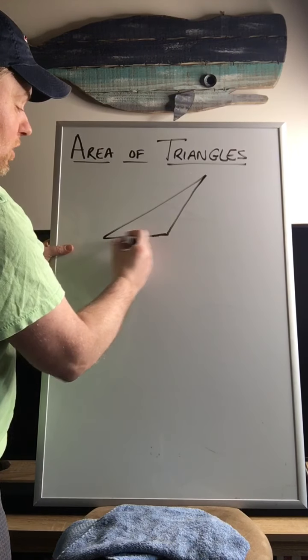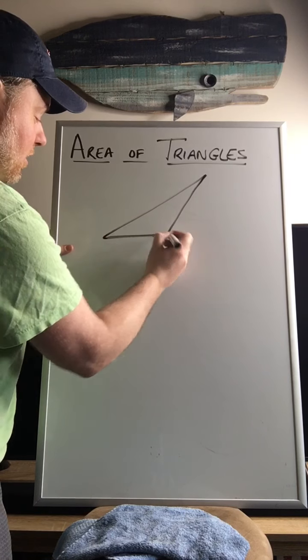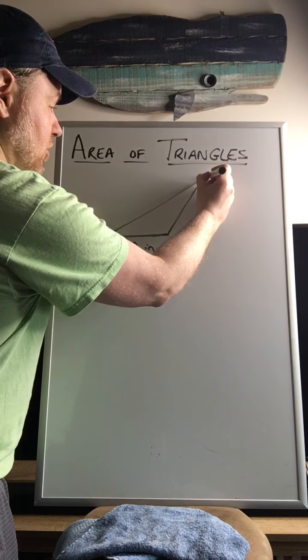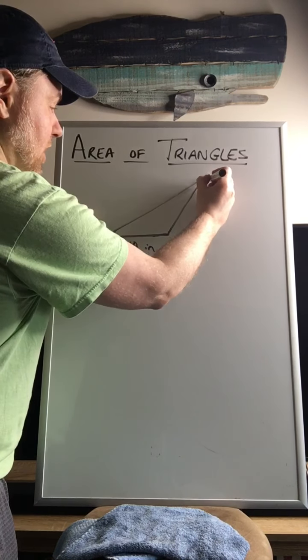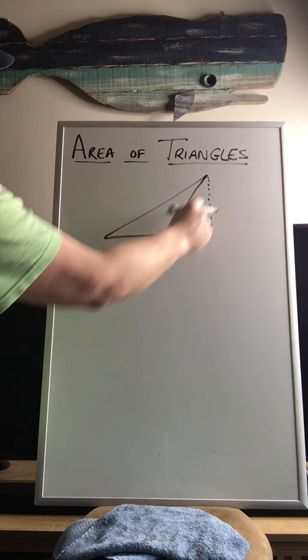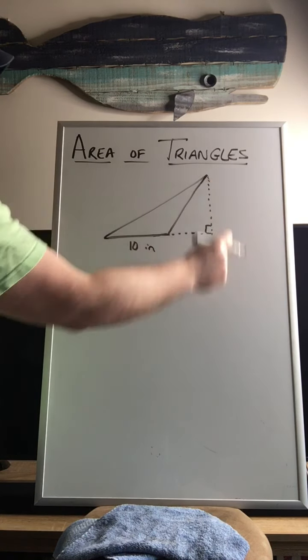And so if we call this the base right here, maybe this is 10 inches, then sometimes we might measure the height outside of the triangle, as if you were dropping something from the top here straight down to the ground. So sometimes you might see them label the height outside the triangle. That's fine. If this is the base, then this is the height, right?